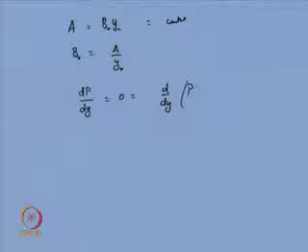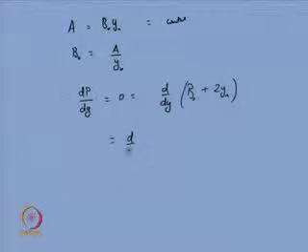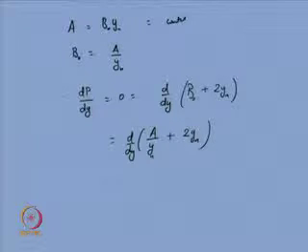Therefore, dP by dy equal to 0 means d by dy of B0 plus 2 yn. This is d by dy of A by yn plus 2 yn. What is this quantity?